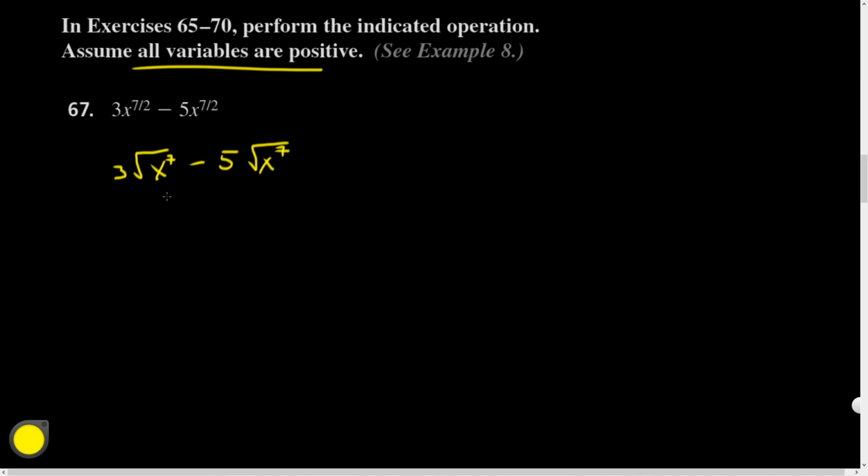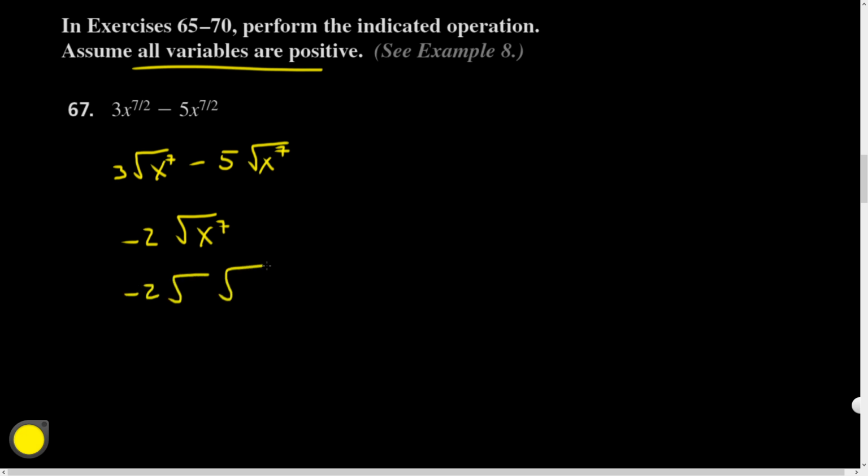Now I could simplify both of these, or I could combine the entire things first and then simplify. Since they're the same right now, let's just do 3 minus 5 is -2 square roots of x to the 7th. Not done yet, though. I can reduce this x to the 7th with that square root partially.